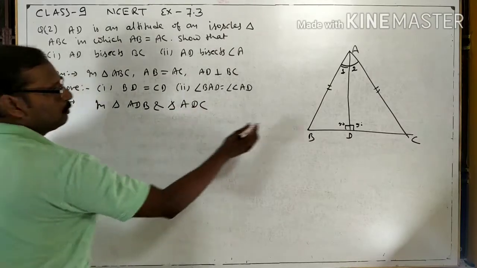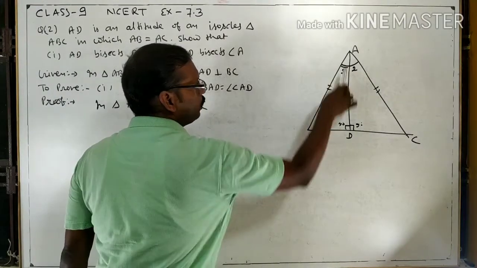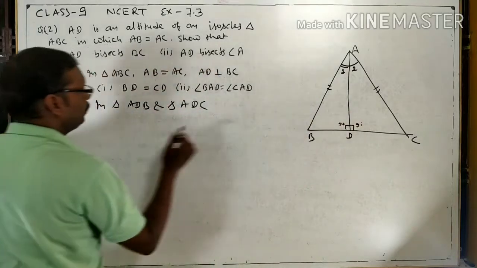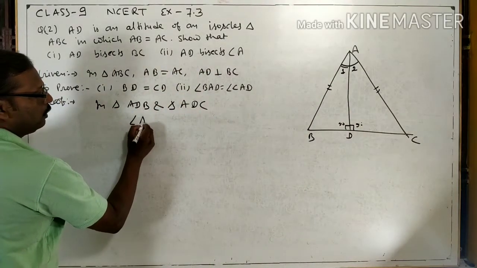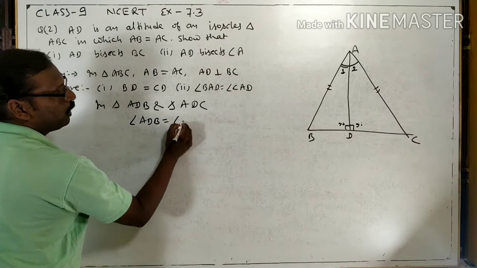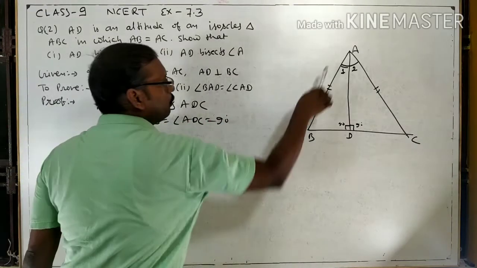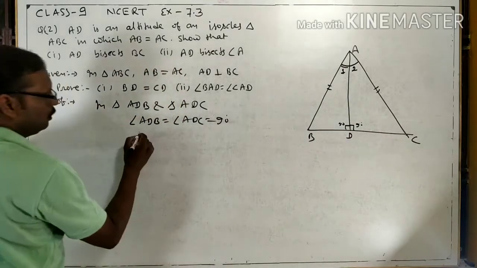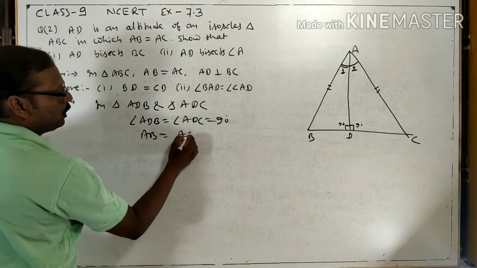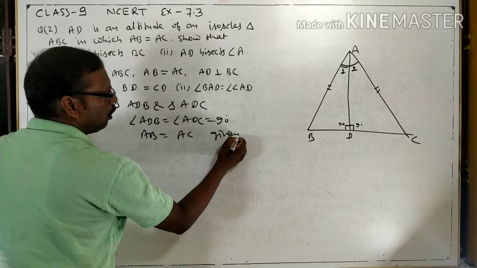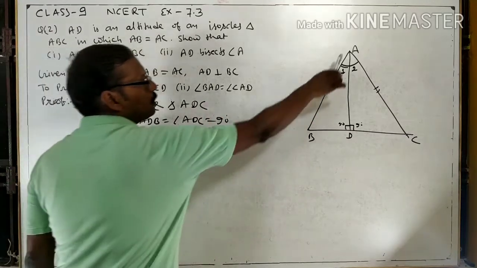First, angle ADB equal to angle ADC because they are 90 degrees. AB equal to AC, it is given. And last AD equal to AD.